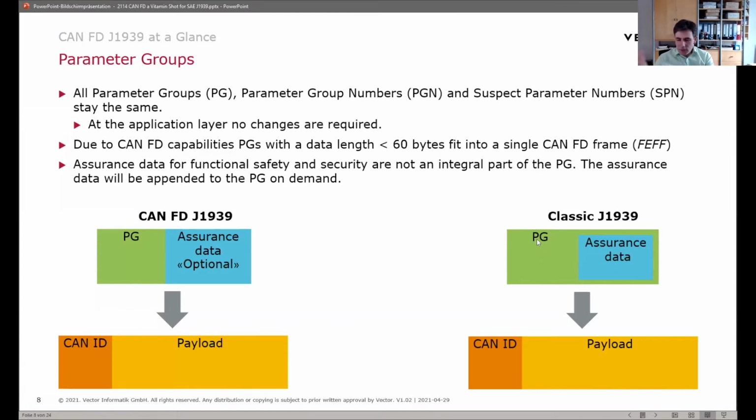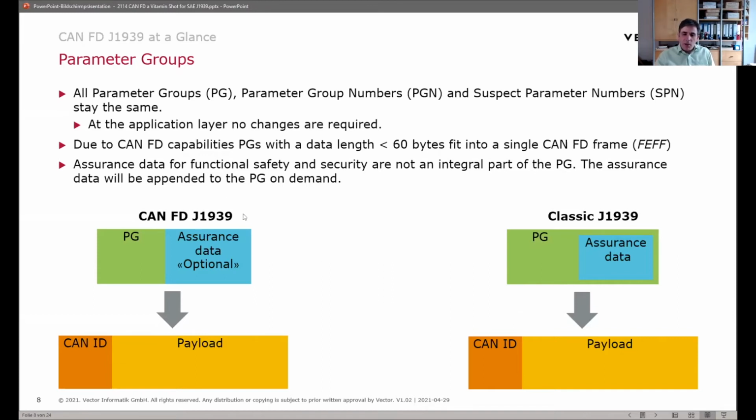And of course, it would be simple to enlarge the size of the parameter group, and then have a wider CRC or a larger CRC to have better safety and security aspects. However, if we go above 8 bytes here, that would certainly kill the efficiency on the network, because then we would have to utilize a transport protocol for every single parameter group. And so this is a very limiting factor here.